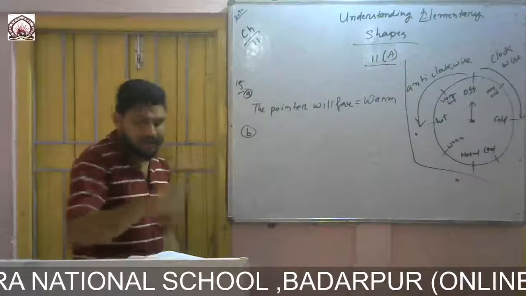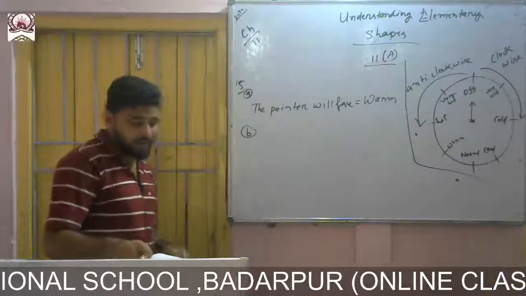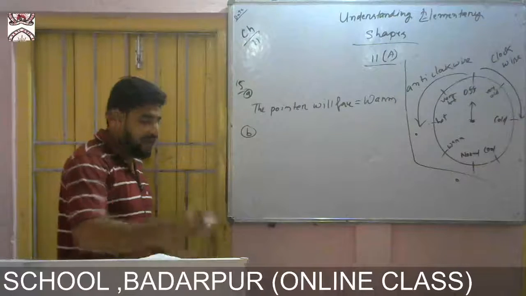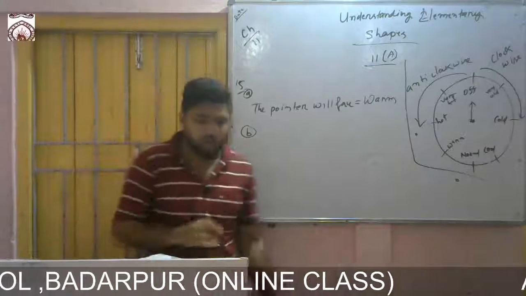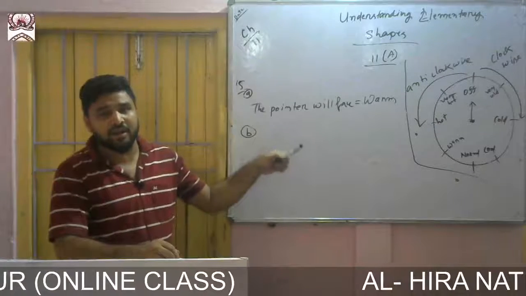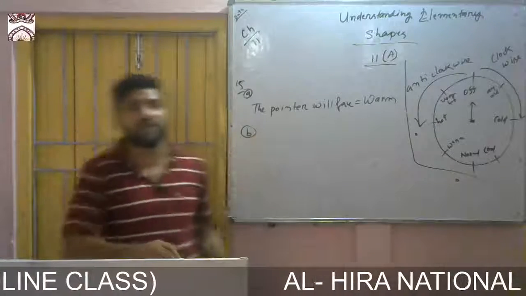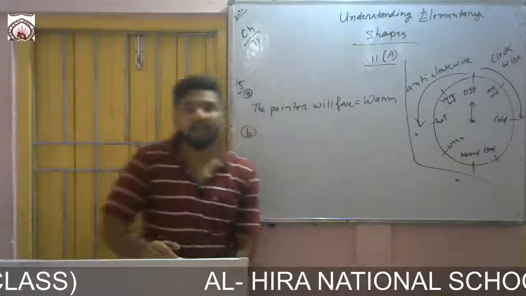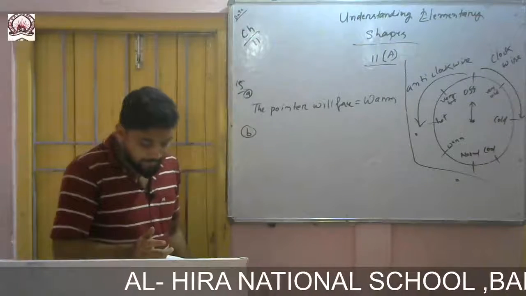In question number 4 we have done that whenever a pointer moves 135 degree, that means it crosses 45 degree 3 times, because 3 times 45 is 135.